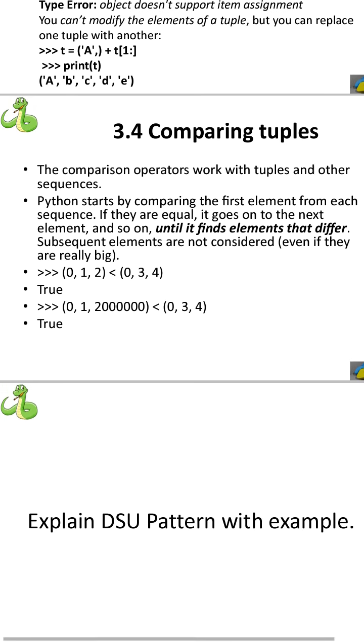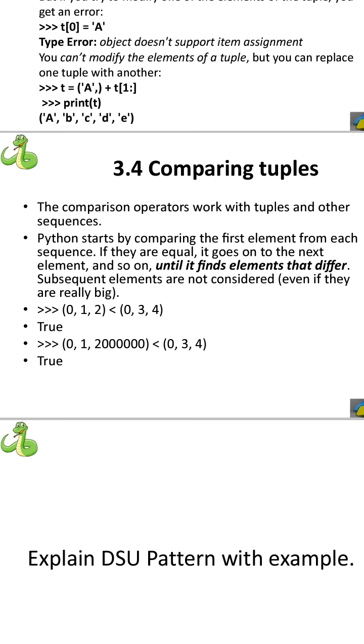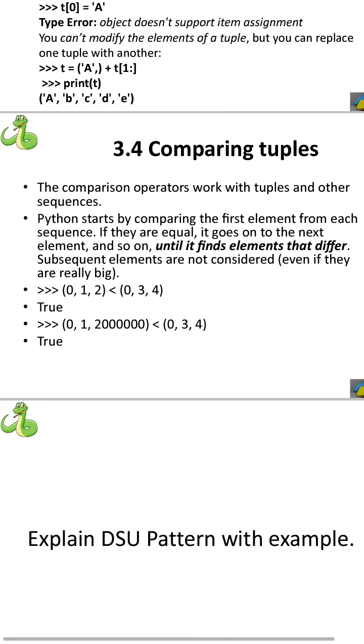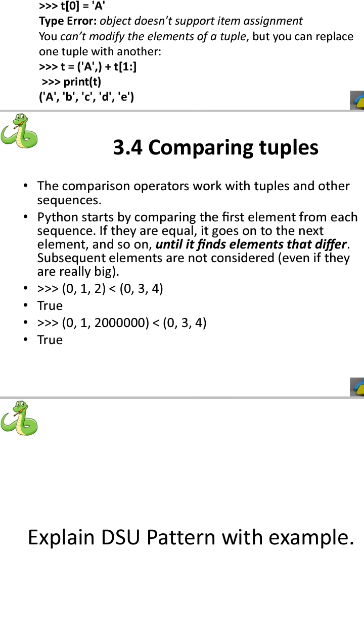Similarly, if you consider the next example, 0, 1, 20 lakhs, and the second tuple has three elements 0, 3, 4, same thing. Here also it is returning true because it will compare 0 less than 0, yes, 1 less than 3, yes. It will not compare 20 lakhs with 4, as I have stated above. It will compare only one digit at a time.